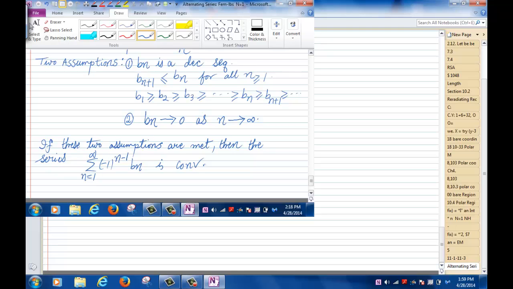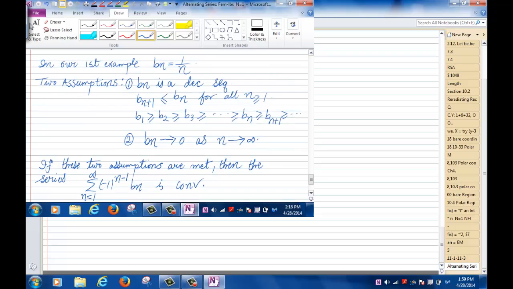Okay? If these two conditions are met, then the alternating series is convergent. Is everyone clear on what I'm saying here?